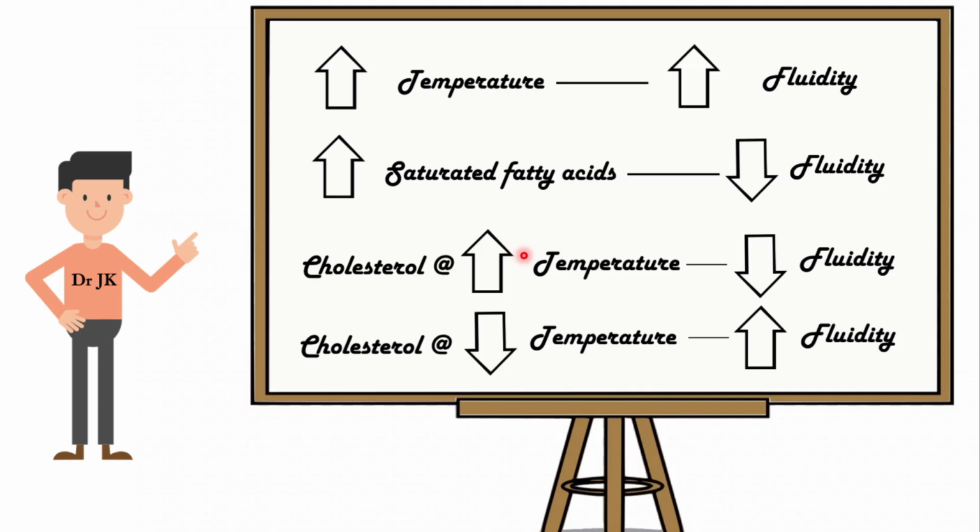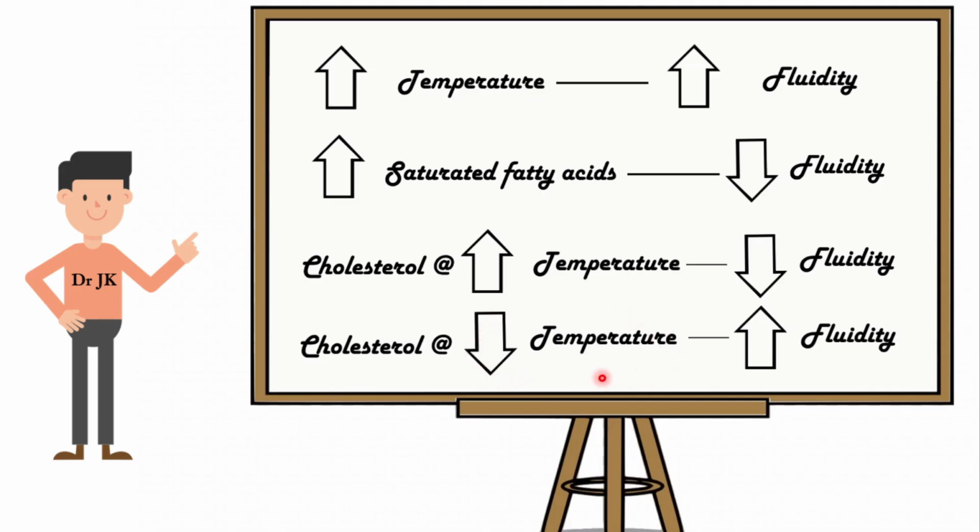Because increased temperature is pushing all the phospholipids away from each other, in high temperature what cholesterol will do is try to bring all the phospholipids together, thereby decreasing the fluidity. The opposite happens in decreased temperature.